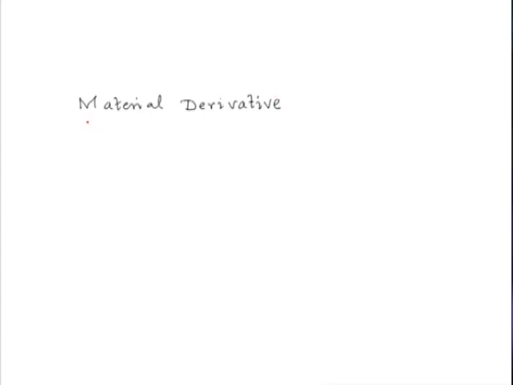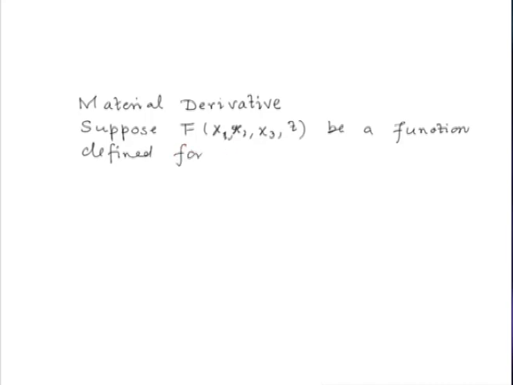So suppose we have any field quantity f which is a function of our spatial coordinates x1, x2, x3 and time, a function defined for a given fluid domain.